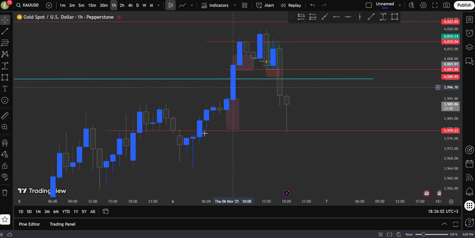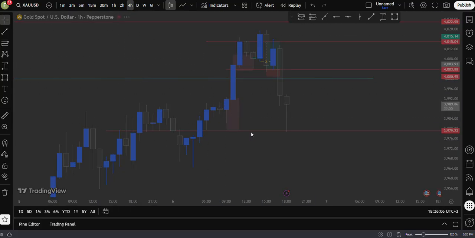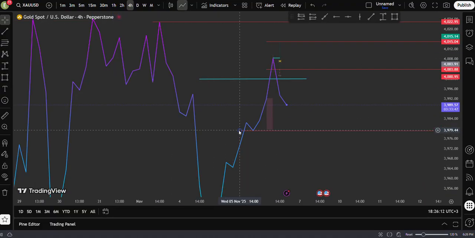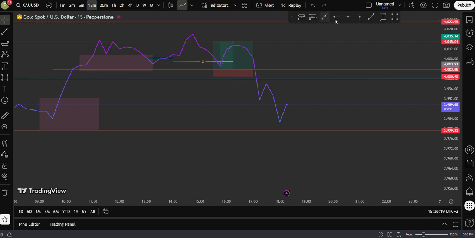Currently we are seeing that the market is rejecting some zone here, and it's rejecting this zone here. There is a zone here which is a support. It's being rejected, and if we get any 15-minute break of structure here, we are going in for a buy.